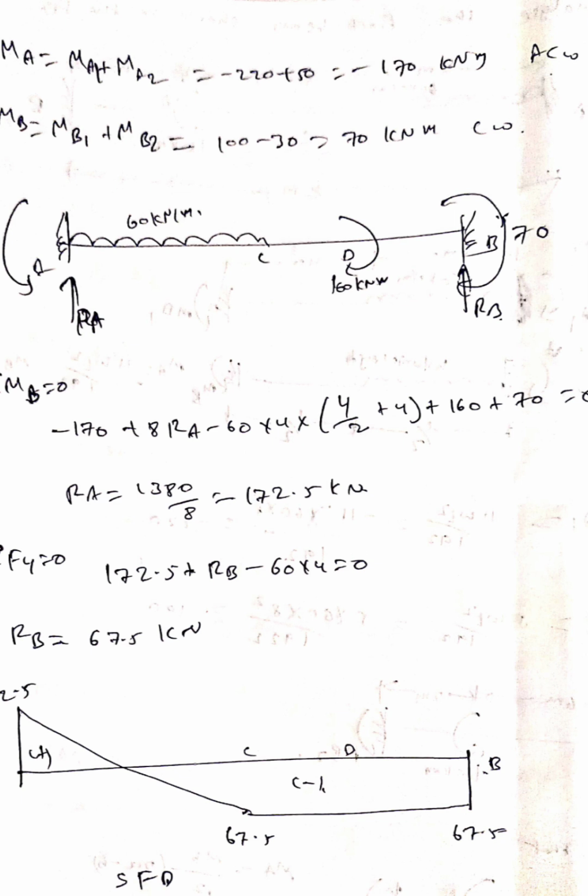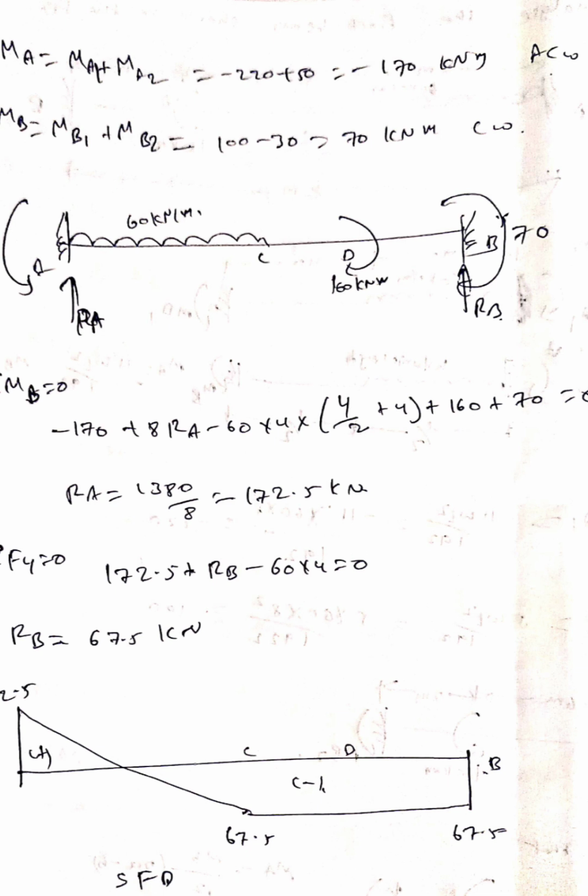So if we apply sigma moment about B equal to 0, what we have? Minus 170 because it is anti-clockwise, plus 8 RA. So RA into 8, total distance 8, it is clockwise, therefore plus, minus 60 into 4 into 4 by 2 plus 4, so plus 160 plus 70 equal to 0.